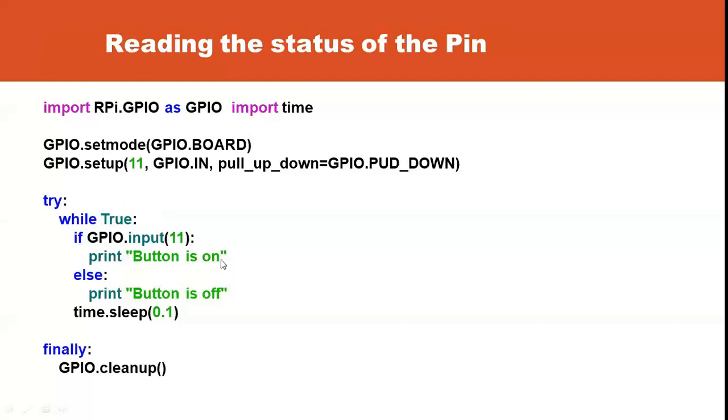That is displayed on the console or the terminal window. Else, the button is off. Then we'll make the system sleep for 0.1 seconds. After this 0.1 second, again the status of pin number 11 will be read.